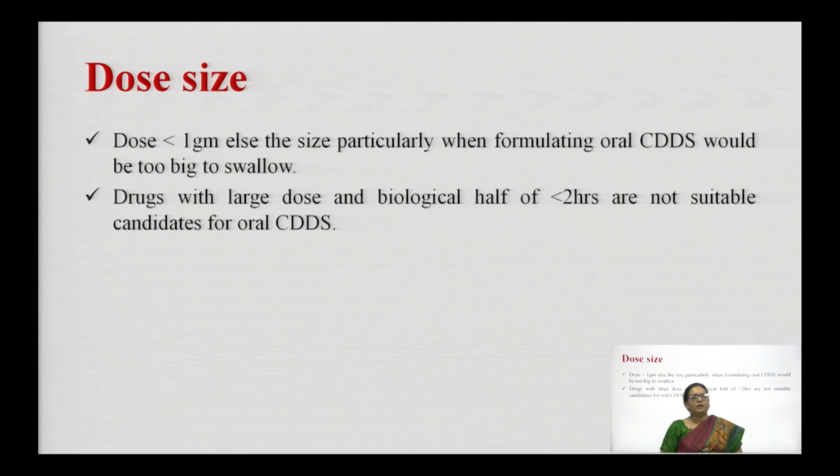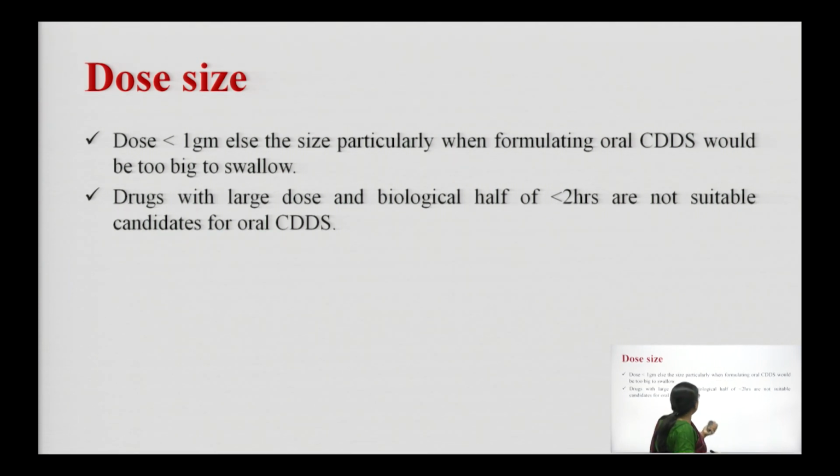Next important parameter is the dose size. As discussed in previous lecture, the dose of the drug to be formulated as controlled drug delivery systems should not be very high, because these are the dosage forms which contain several doses or multiple doses of a conventional dose in a single unit.